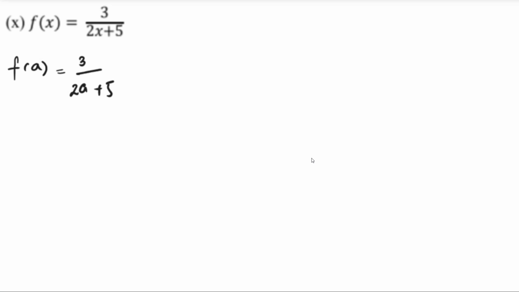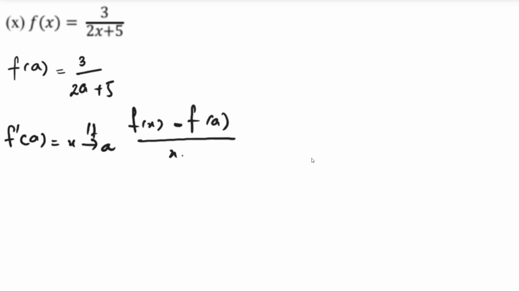And for finding the derivative of this function by ab initio method, we have the formula: f dash of a is equal to limit x approaches to a, f of x minus f of a divided by x minus a.